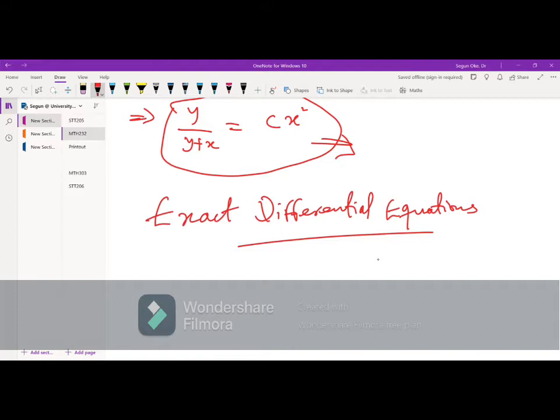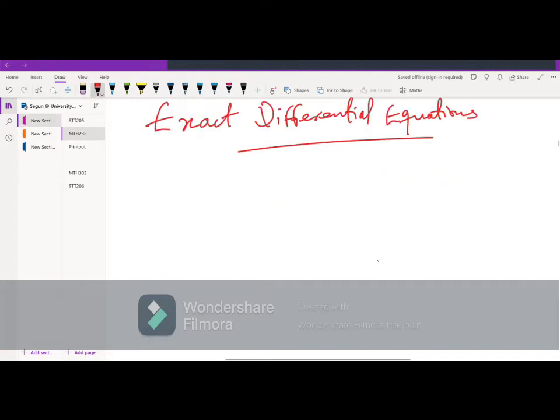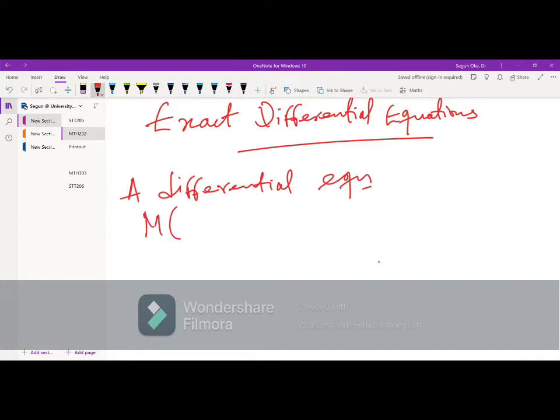A differential equation is exact at a particular point. Let's look at it. When you have a differential equation, let me write this one: the differential equation M(x,y) dx + N(x,y) dy.